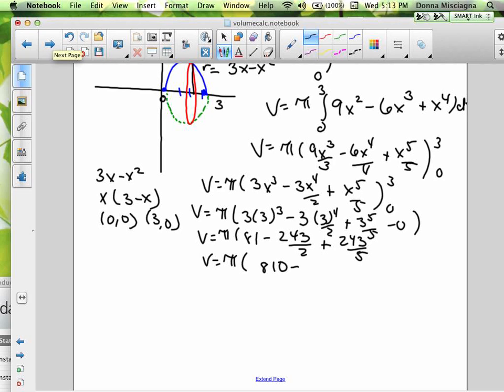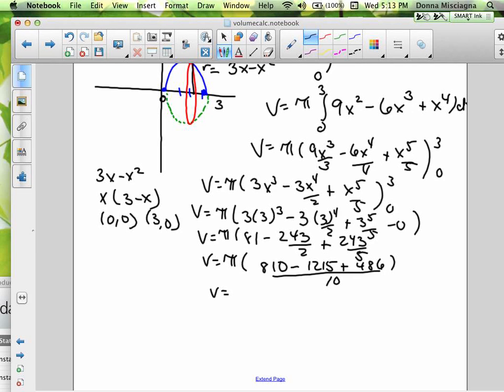I'm going to grab the calculator. After tutoring, sometimes I just don't want to multiply everything in my head. So 243 times 5 is 1215, and then this would be 486, and those are all over a denominator of 10.